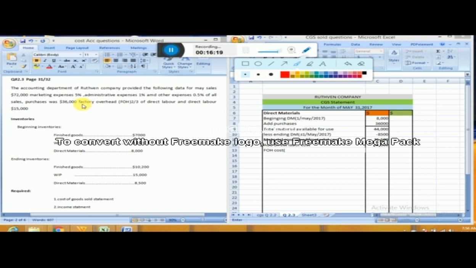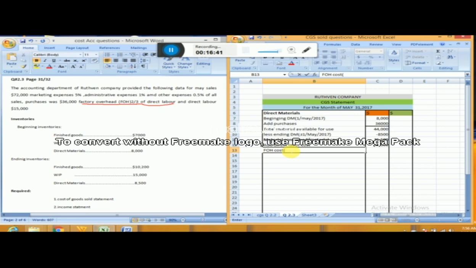They say that factory overhead is 2/3 of direct labor. So we will find out the 2/3 of the direct labor cost. How? Look at it.